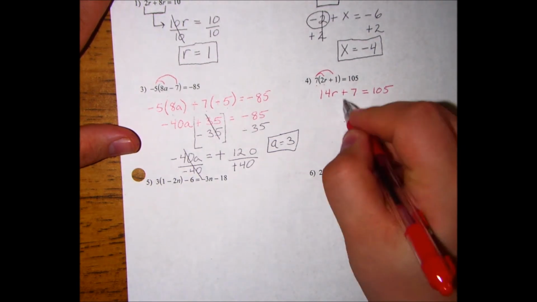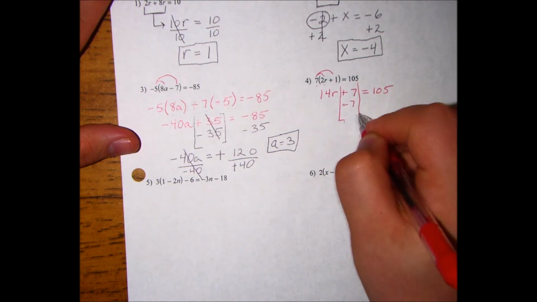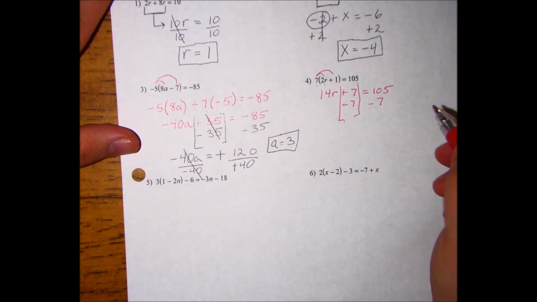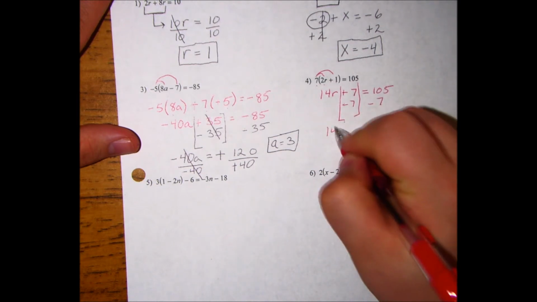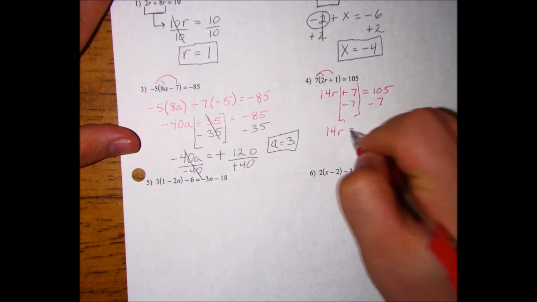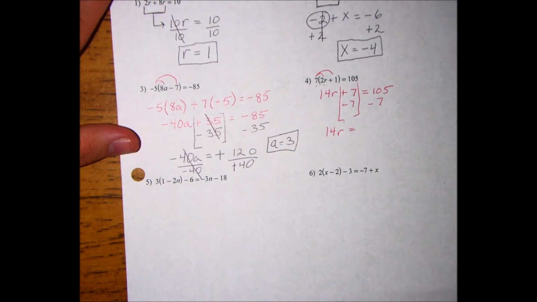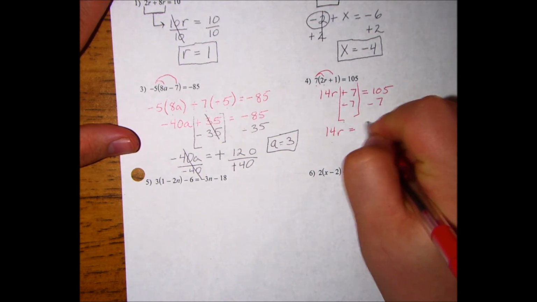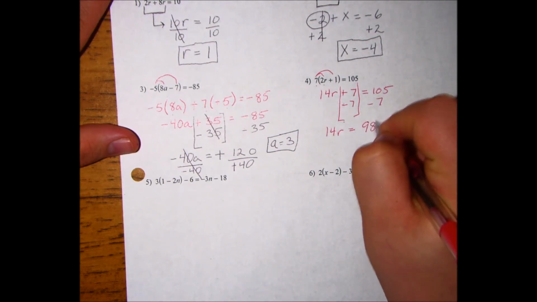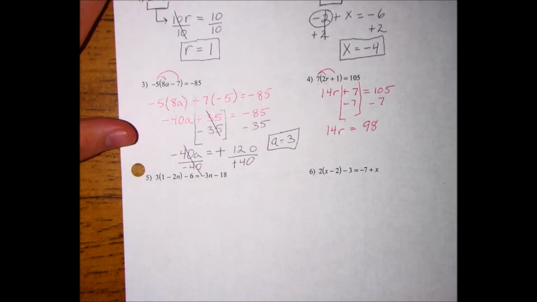Now, I'm going to subtract 7 from both sides. I get 14R equals 98.